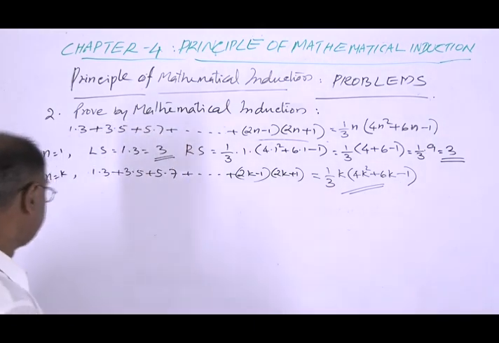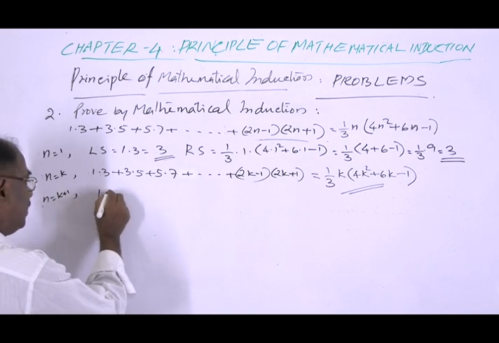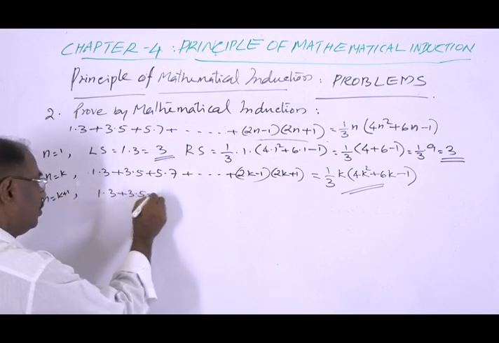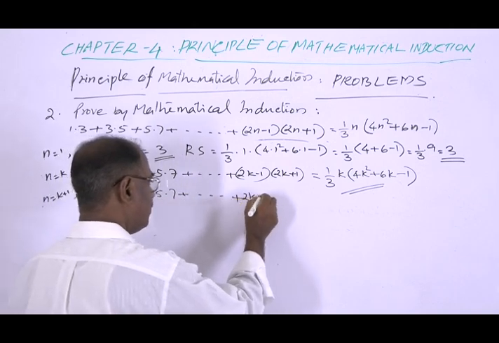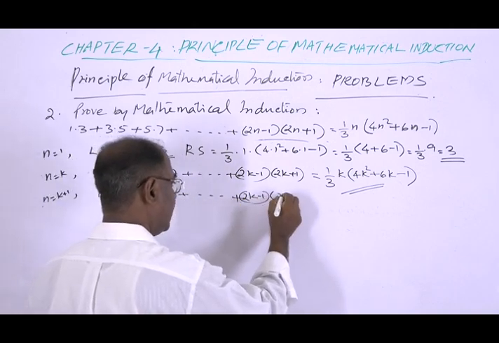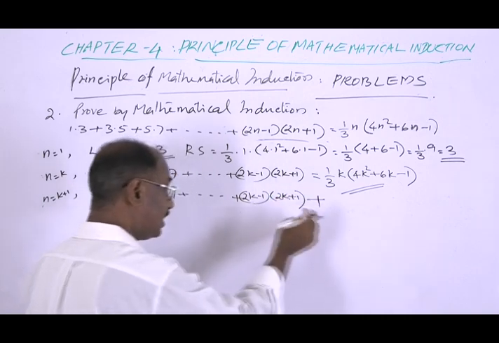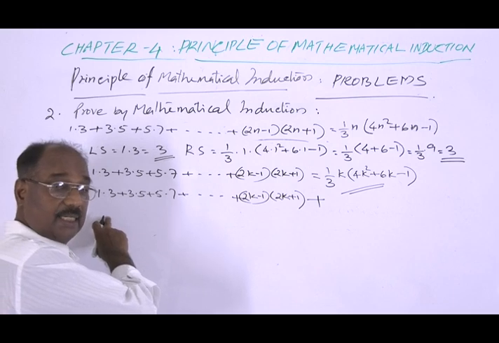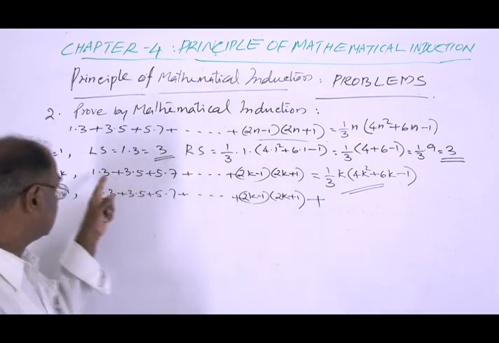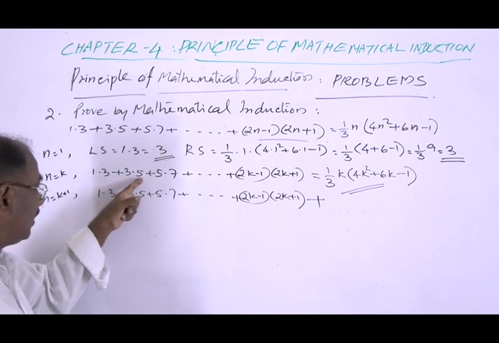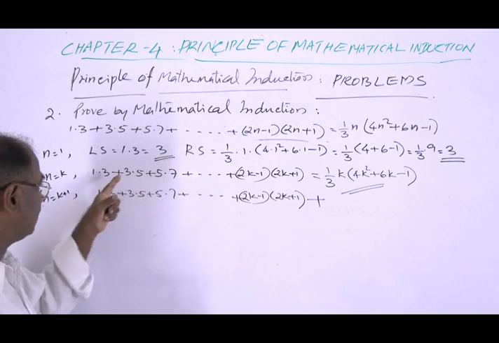So for n equal to k plus 1, we have 1 into 3 plus 3 into 5 plus 5 into 7 plus etc. plus (2k minus 1) into (2k plus 1) plus one more term. This is up to n equal to k, so one more term. What is the next term? Consider 1 into 3 plus 3 into 5 plus 5 into 7. The first term starts with 1, then 3, 5.